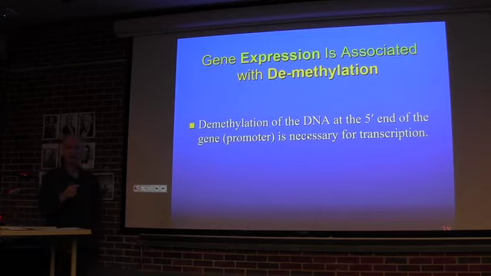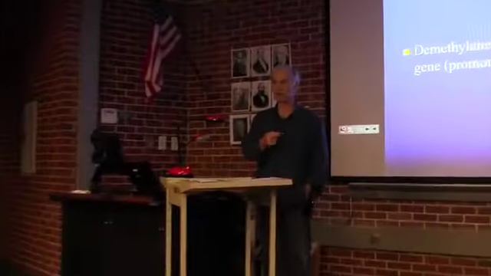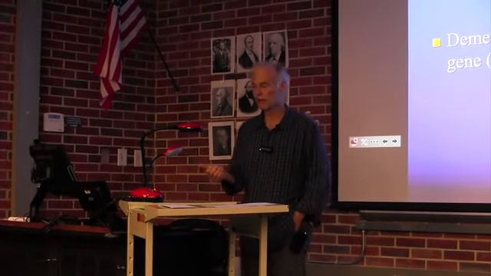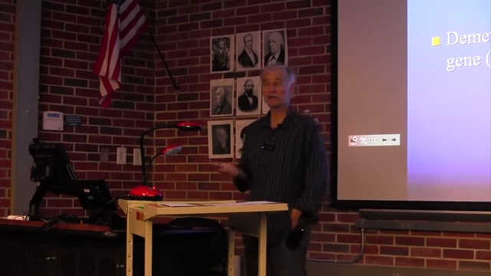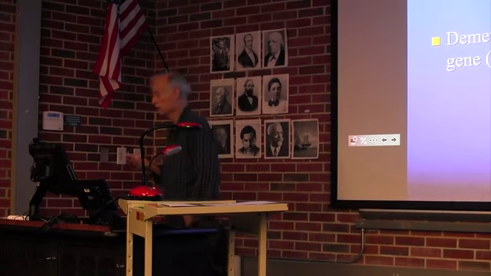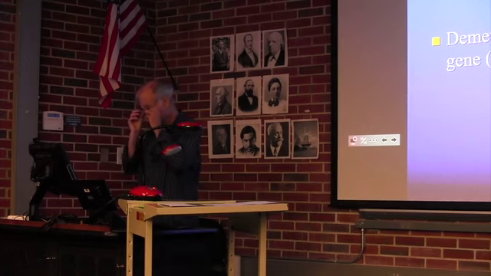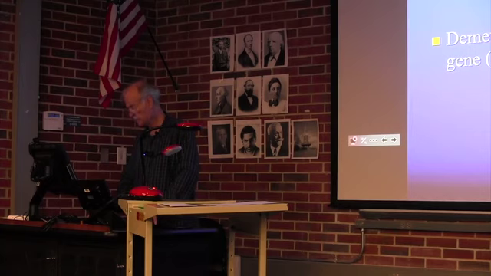If you methylate a promoter, you often inactivate that promoter because you make the promoter elements unrecognizable by transactivators and repressors. So if you demethylate, you usually activate a gene.